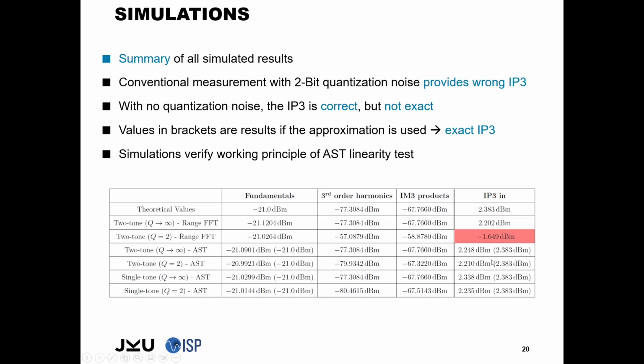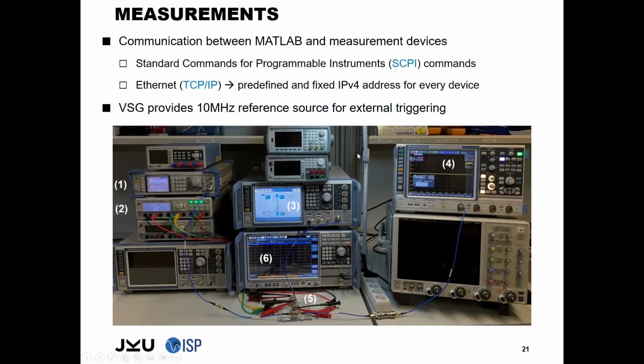Actually, if we are using the approximated formula, then the nonlinear part, which is reducing the fundamental, is neglected, and therefore the exact IP3 can be evaluated with the AST linearity test. So now the working principle of the AST linearity test is verified. That's why we can now dive into the measurement.